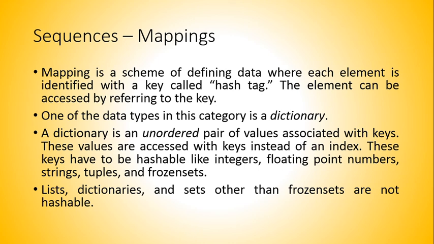Now this key has to be hashable, like integers, floating point numbers, strings, tuples, and frozen sets. There has to be a hash. Lists, dictionaries, and sets other than frozen sets are not hashable. That is a point you have to remember.